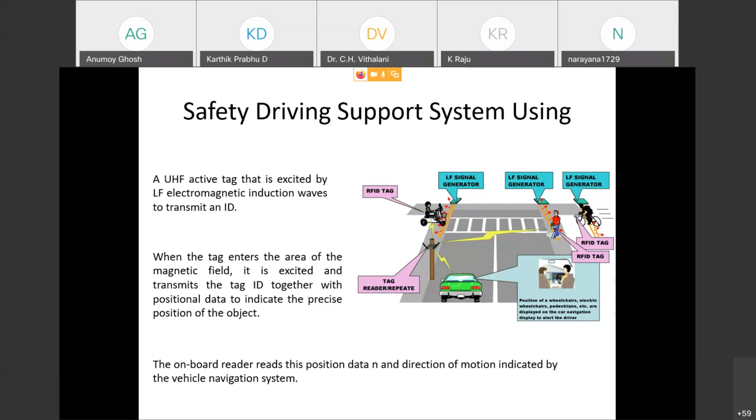Then another important area of research is in the software domain, that is, to develop different kinds of software platforms for the middleware, which can easily decode the signal of the reader and feed that information to the tag from the reader.